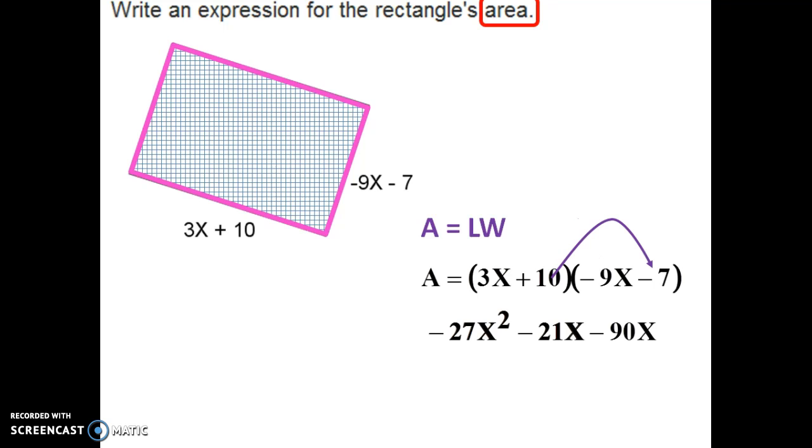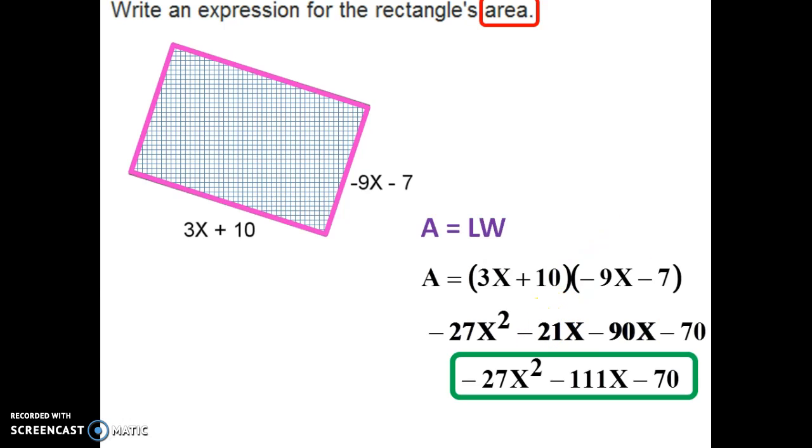And 10 times negative 7 is negative 70. And then we can combine our like terms in the middle here, because negative 21x and negative 90x are like terms. So we come up with a final expression here of negative 27x squared minus 111x minus 70.